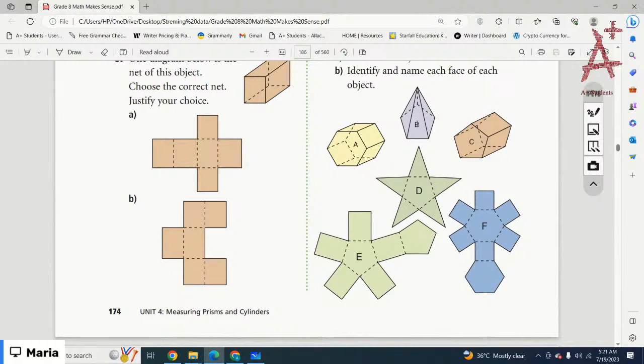B and D. Okay, then A and F. A and F are the same. Got it? And it is a right hexagonal prism. Then C and E are the same and they are a right pentagonal prism. Got it? Five sides it has.